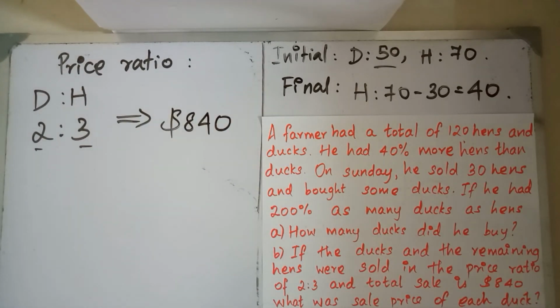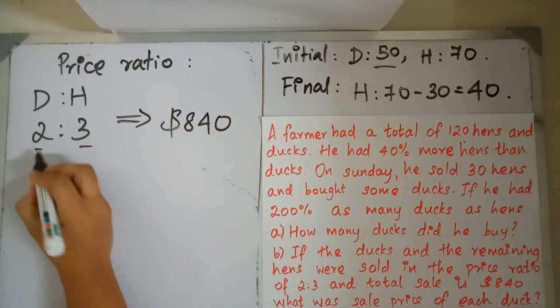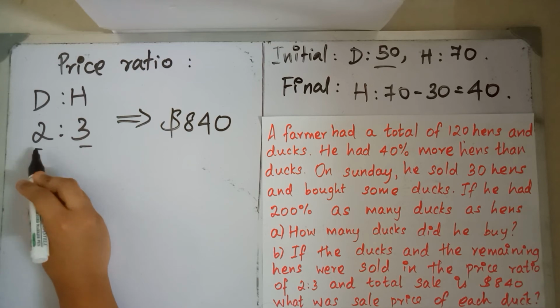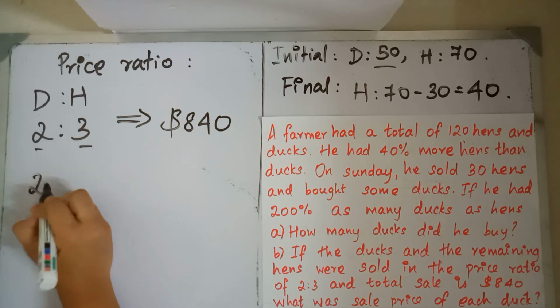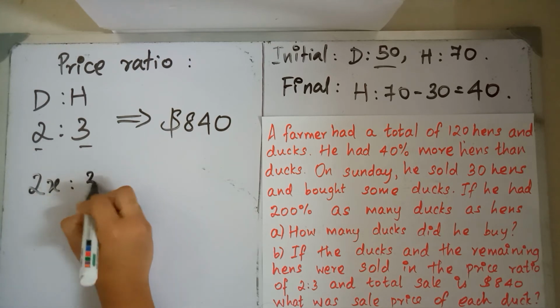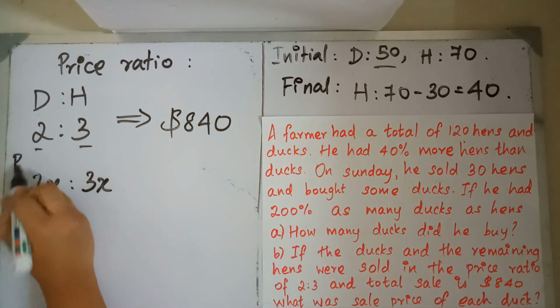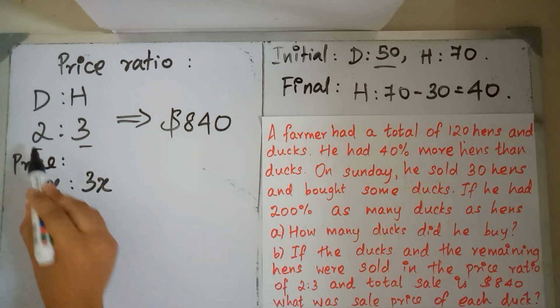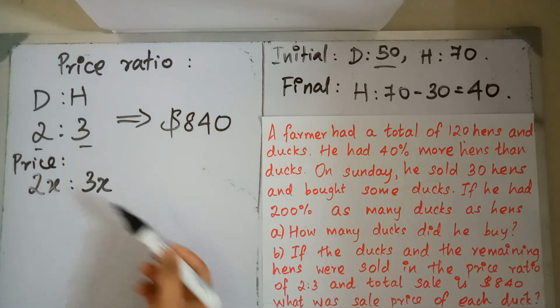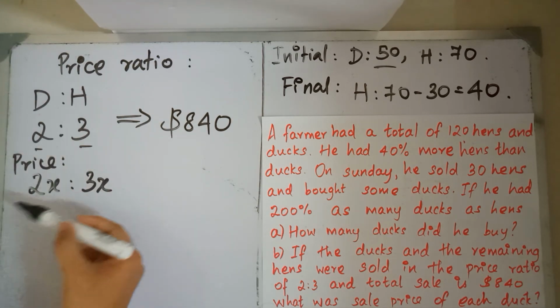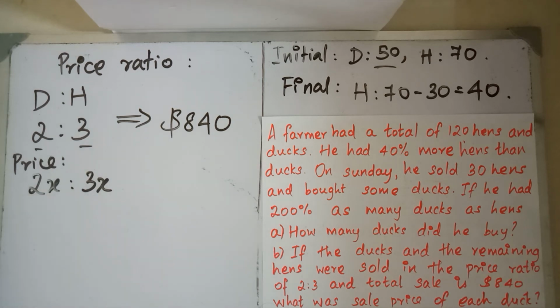Now they want you to find the sale price of each duck. How do we do this? Okay, so let's just take 2:3 as 2x, 3x. We don't know the individual price, but we know that the ratio is 2:3. So if we represent it, it will be represented as 2x:3x.